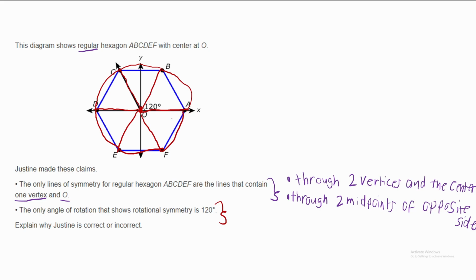Now, if we do this whole thing, it looks like a circle, which is a 360, right? Full circle. But how many chunks will it look the same? We get 1, 2, 3, 4, 5, 6. We get 6 chunks. That gives me 6 chunks. We divide these and it gives me 60 degrees.